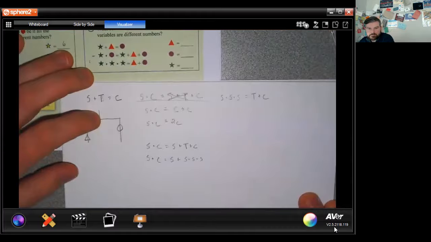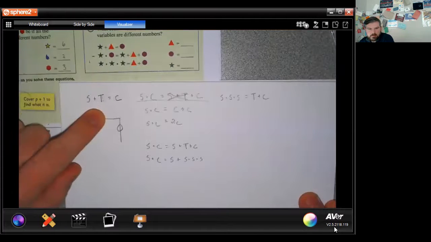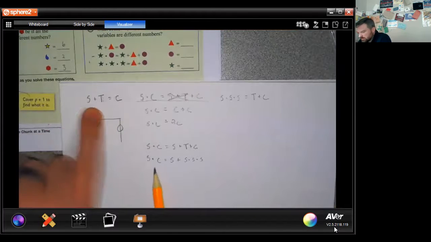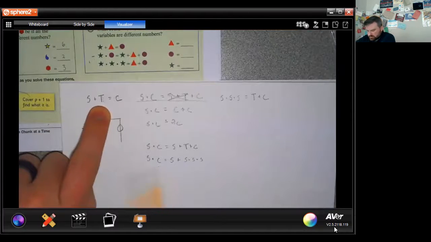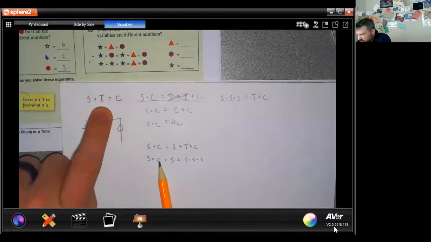Okay, so I know a circle equals a star plus a triangle. So C is star plus a triangle.